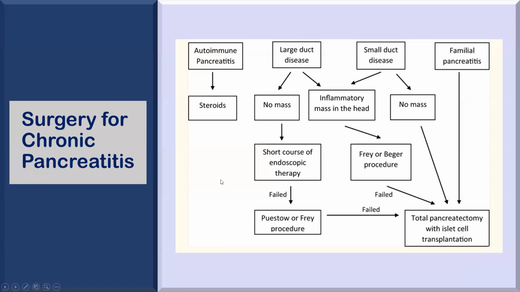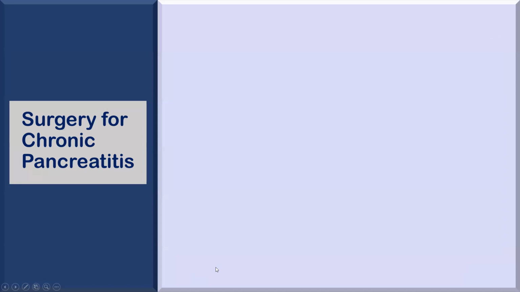These are the broad outlines, and I want you to understand them first before we go into specifics. So we have given you the answer. Just give me a list of operations that you can do for chronic pancreatitis. Sir, lateral PJ, Frey, Beger, total pancreatectomy, distal pancreatectomy.